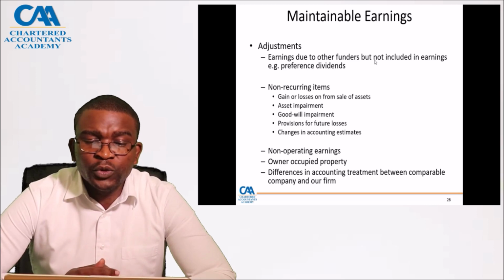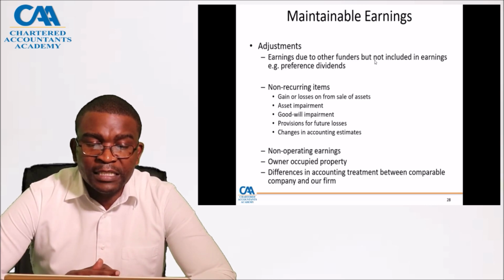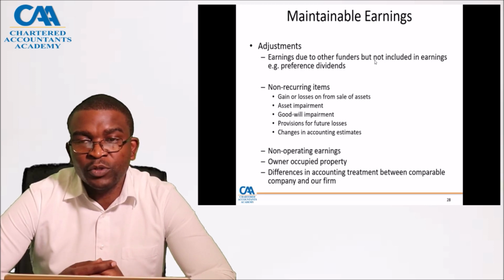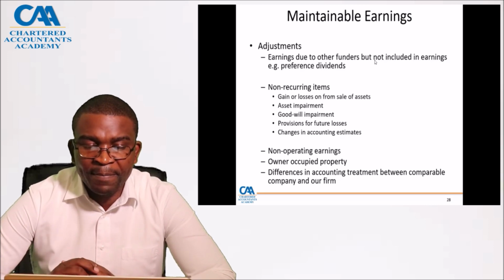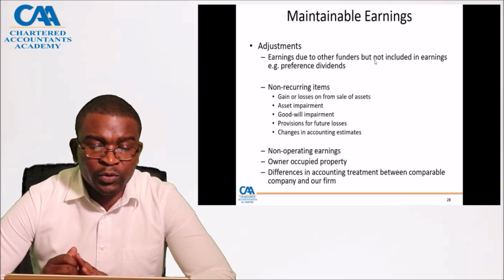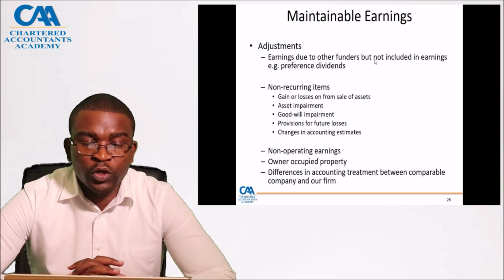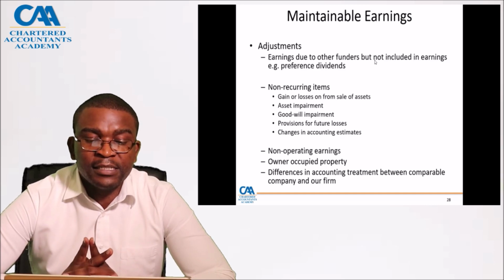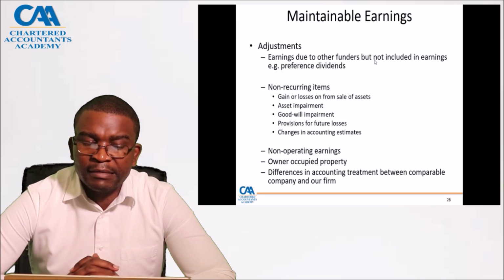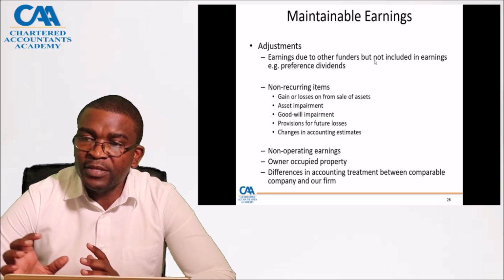Also adjust for earnings due to other funders but not included in earnings, for example, preference dividends. You might want to take them out because you can value preference dividends separately. Also adjust for non-recurring items: gains, asset impairment, goodwill impairment, provision for future losses, as well as changes in accounting estimates. Also, non-operating earnings, you might want to value these earnings separately.